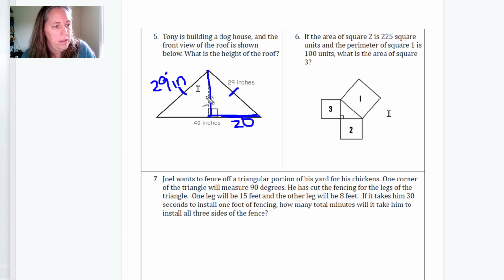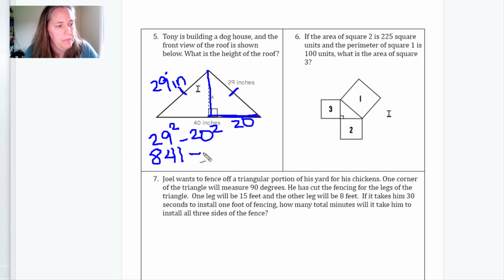Okay. We have a missing leg, so we're going to be subtracting in this case. We have 29 squared minus 20 squared. And 29 squared is 841 minus 400.